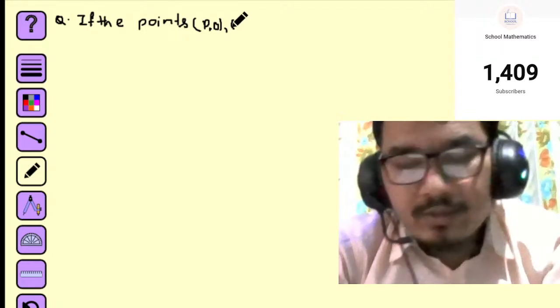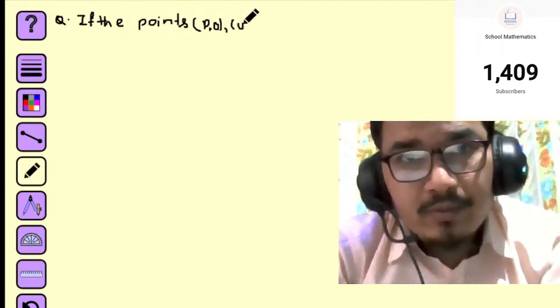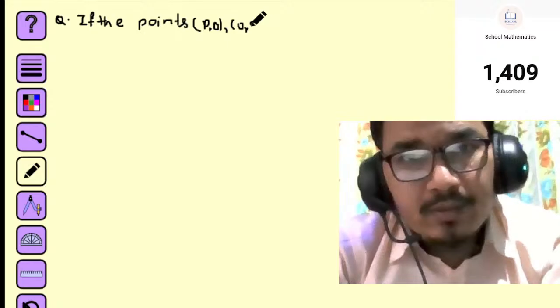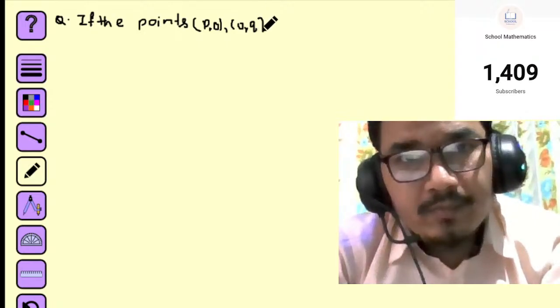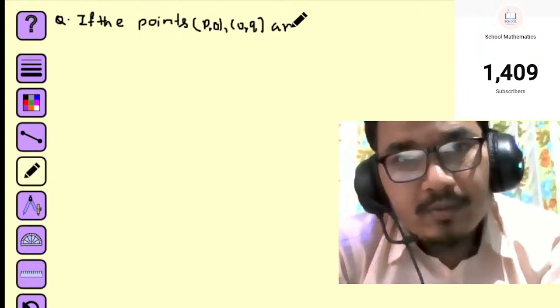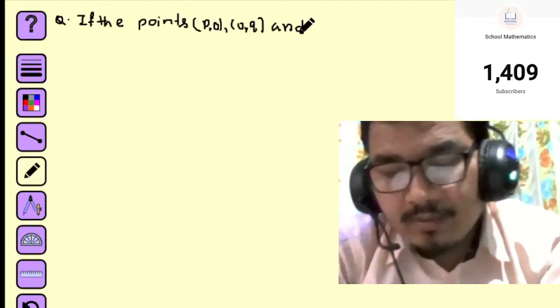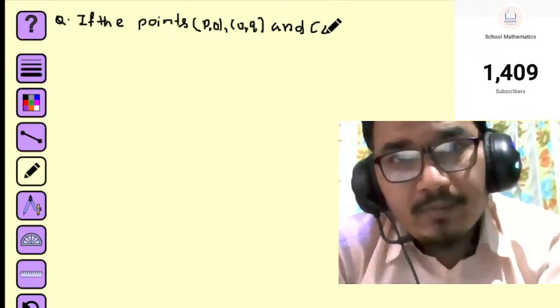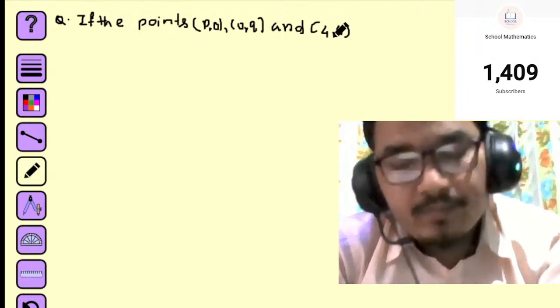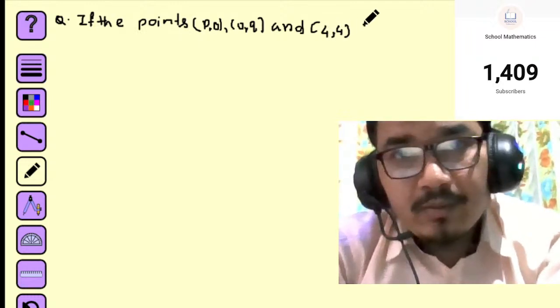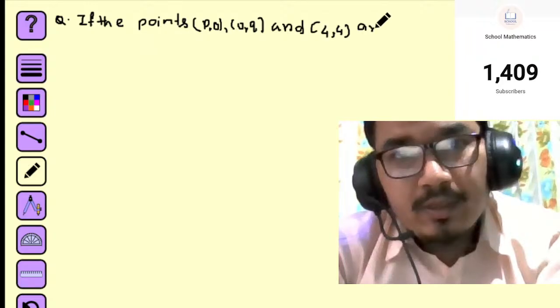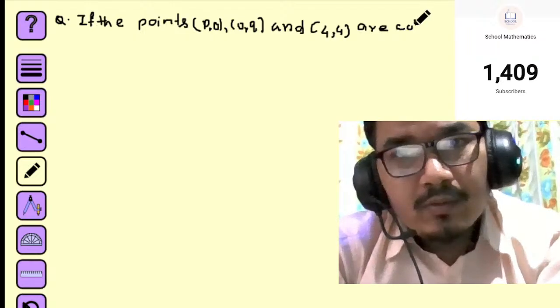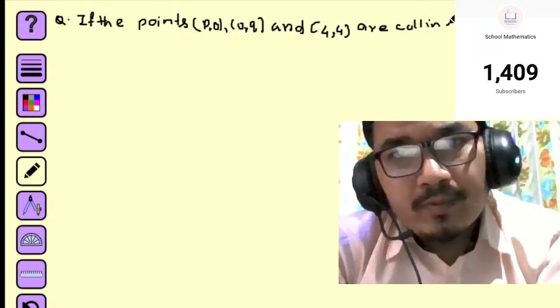And the next coordinate is 0, Q, okay? And the third coordinate is given there, 4 comma 4, okay? This third coordinate, these are collinear.